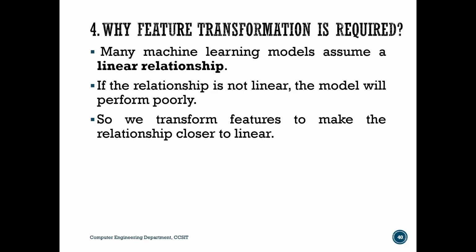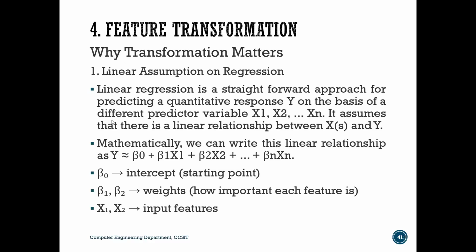If the relationship is not linear and you are using a model that assumes a linear relationship, then the model will perform very poorly. So transformation is required based on the model requirements. Suppose the model you want to use assumes a linear relationship but you are giving it a polynomial data set, then it will not give you a good result. You need to transform. So how will you do that?